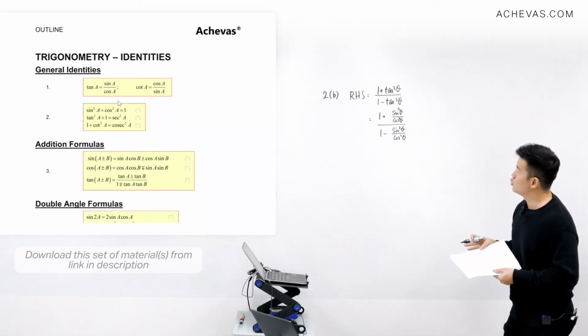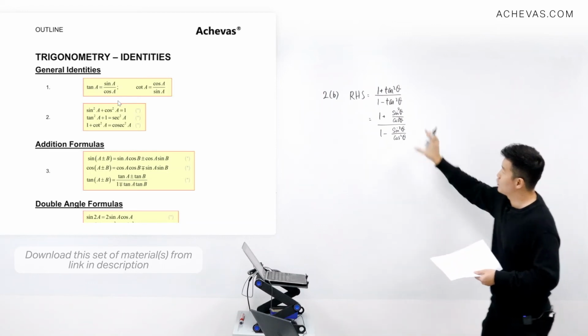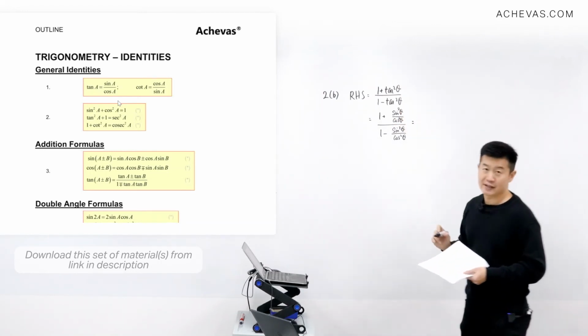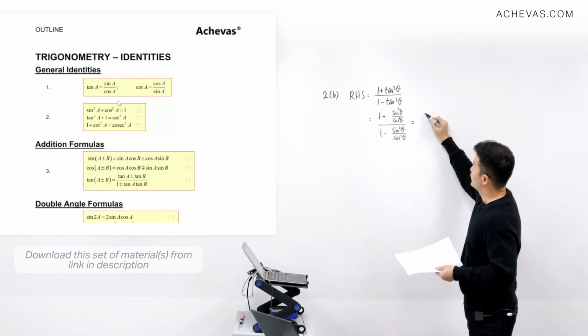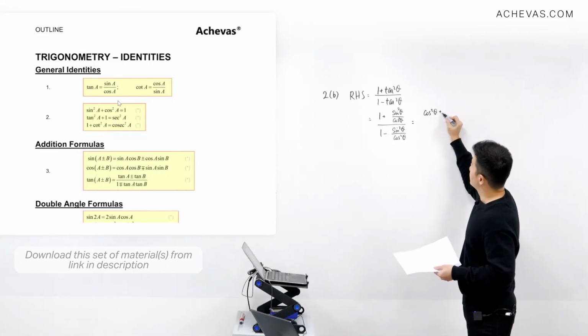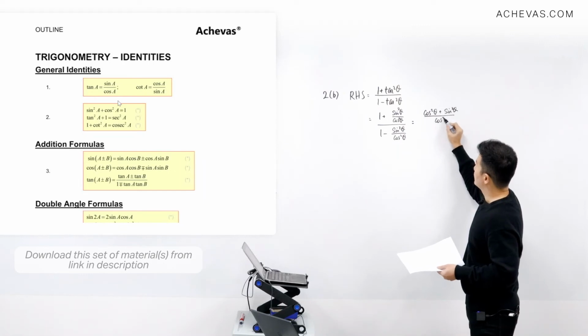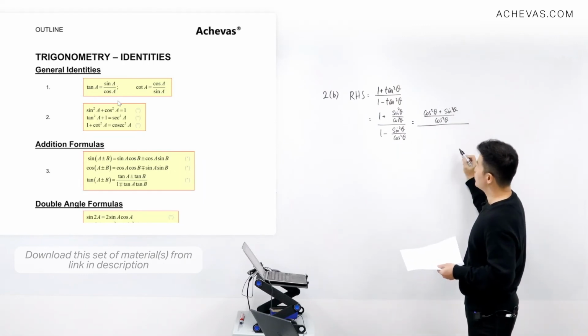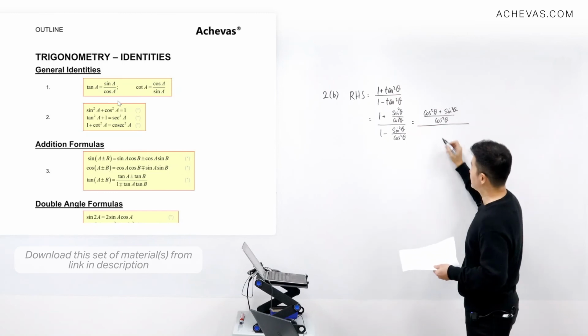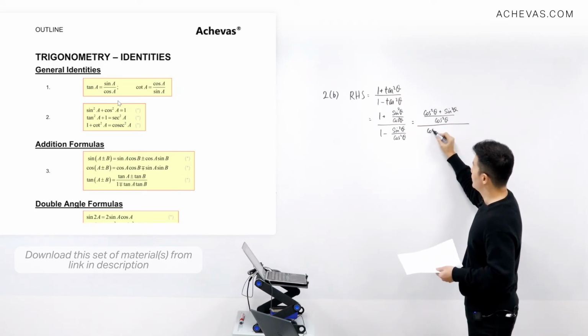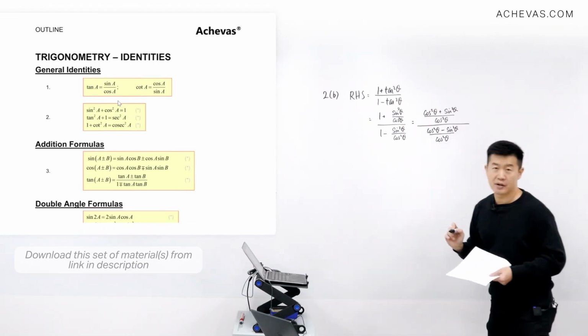Next I'm going to combine the numerator into one single fraction, which will be cosine square theta plus sine square theta divided by cosine square theta. I'm going to do the same thing for the denominator: cosine square theta minus sine square theta divided by cosine square theta.